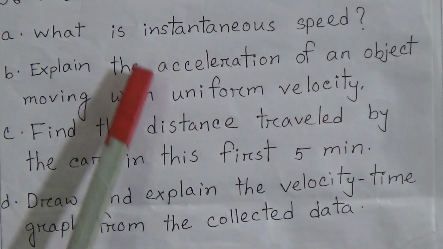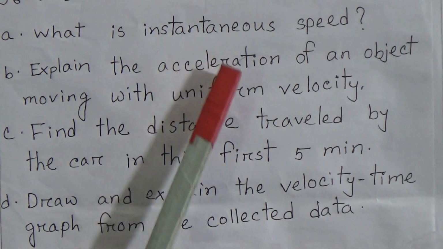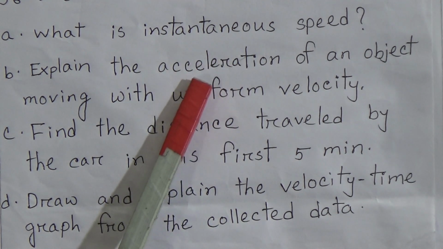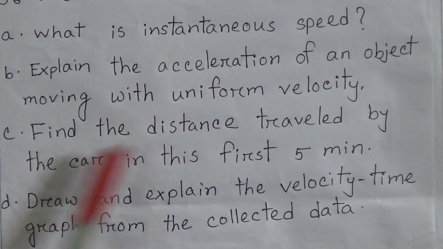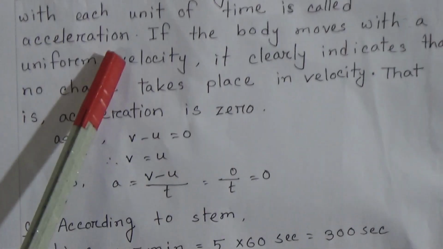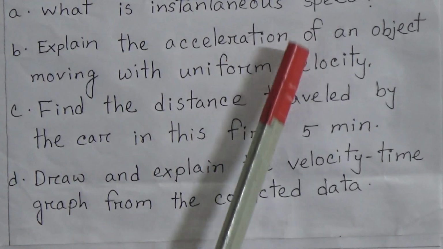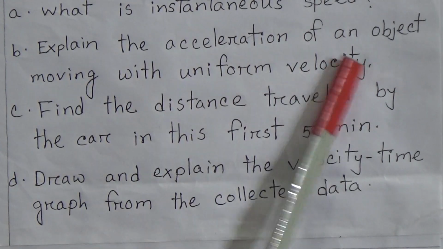Now come to question number B, explain the acceleration of an object moving with uniform velocity. At first we will discuss what is acceleration. The rate of change of velocity along with each unit of time is called acceleration. Now we will discuss the acceleration of an object moving with uniform velocity.